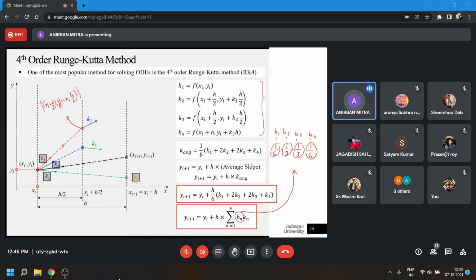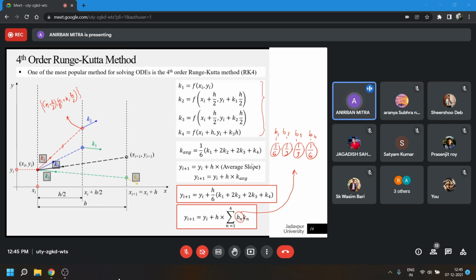This particular method, the RK4 method, is quite accurate. It has an error of the order of h to the power 5. If you derive the formula following Taylor series expansion, you'll see that the terms after the h to the power 4 term, that means starting from the h to the power 5 term, are neglected.